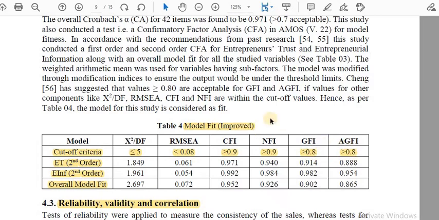I cited a reference, number 56, which suggested that values above 0.8 are also acceptable for GFI and AGFI.